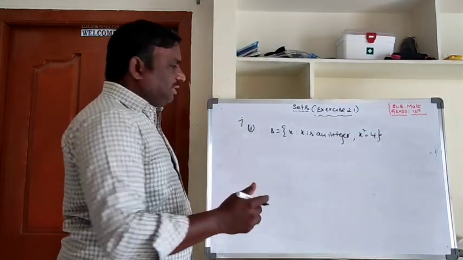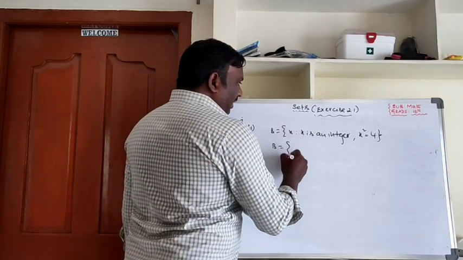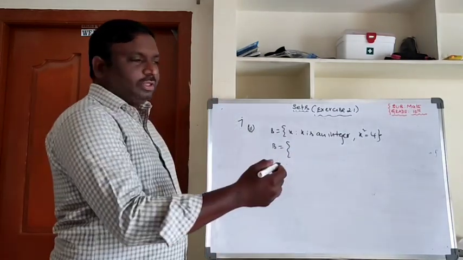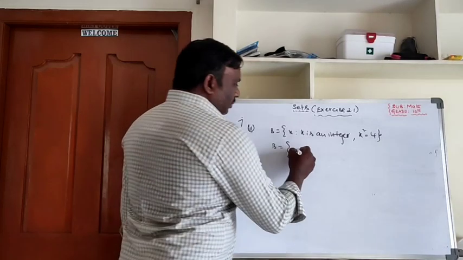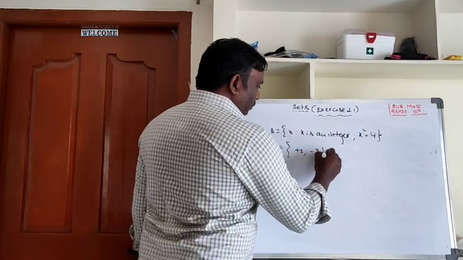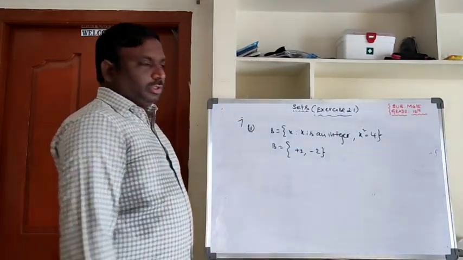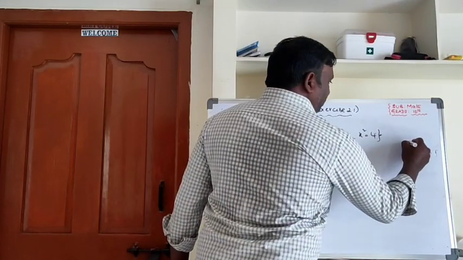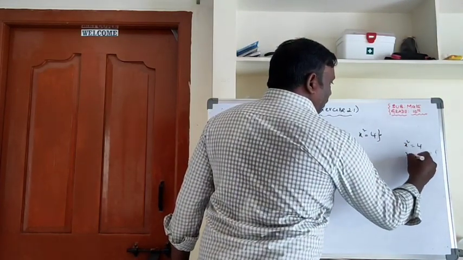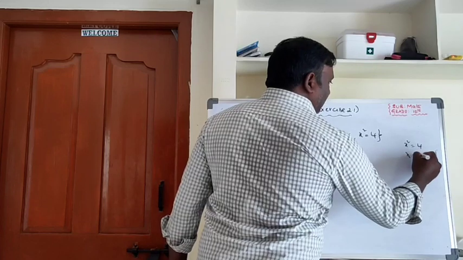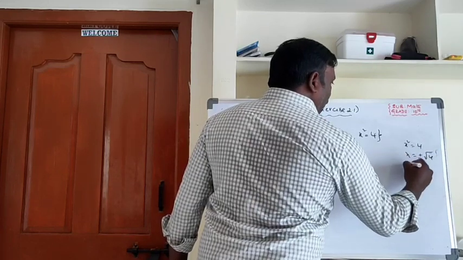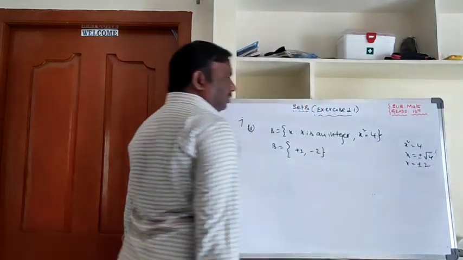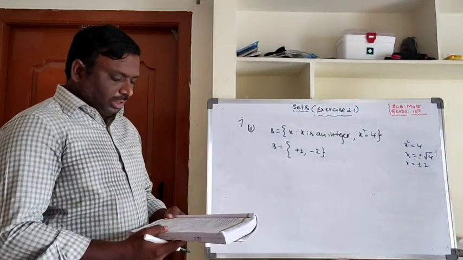So roster form, list form, that means B equal to integers, x square equal to 4, then x equal to plus or minus 2, then 2 and -2. Completed. In rough calculation you can do: x square equal to 4, x equal to plus or minus root 4, x equal to plus or minus 2.